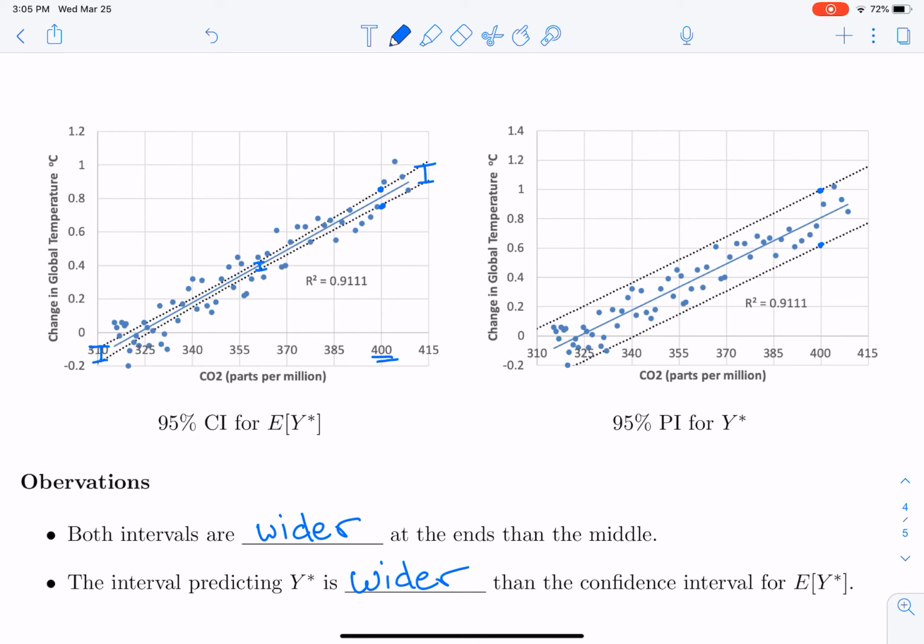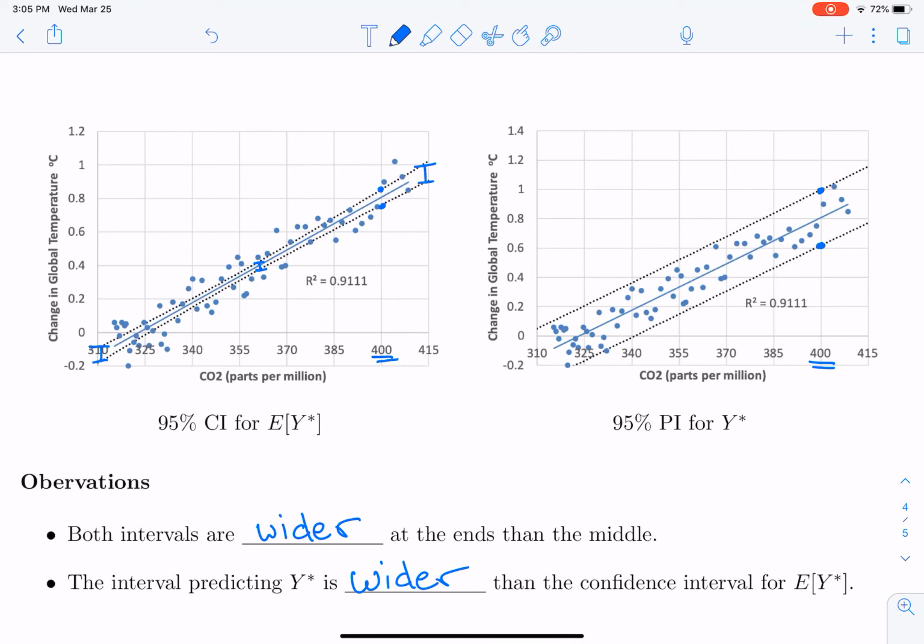But now look at the prediction interval. You'll see that it contains most of the data points. In fact, it should contain about 95% of the data points. Specifically at x star equals 400, we have an interval of 0.613 to 0.993, so we have a much wider interval there.